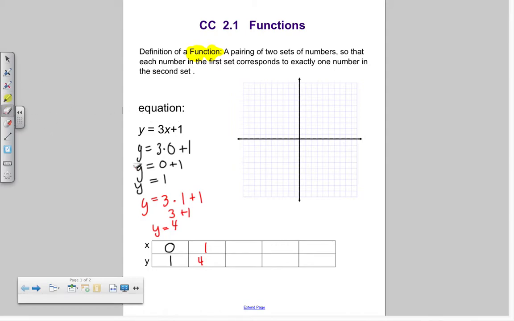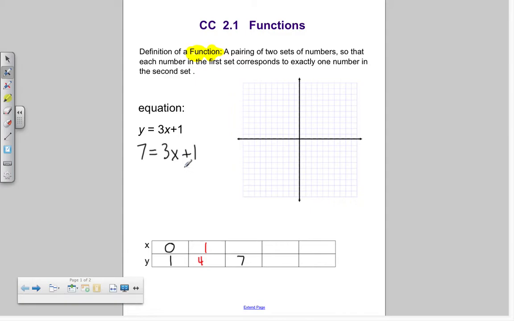Okay, so now I've got 3 more spots. What do I want to choose? Well, somebody might ask, can I put in something for y and get something for x? And the answer is yes, you can. So what if I chose y equals 7? So I'd have 7 equals 3x plus 1.